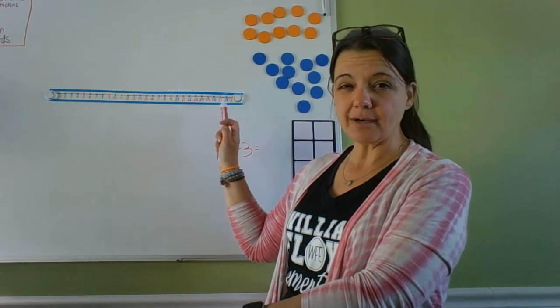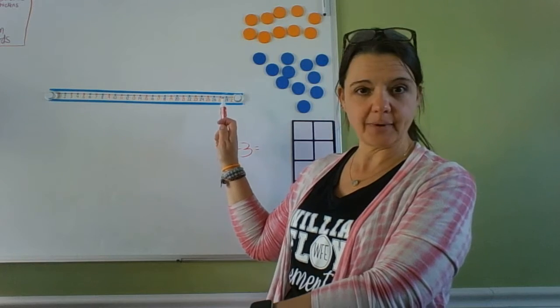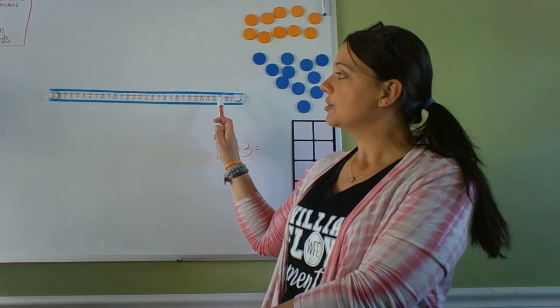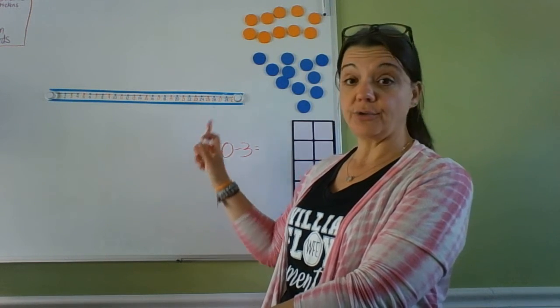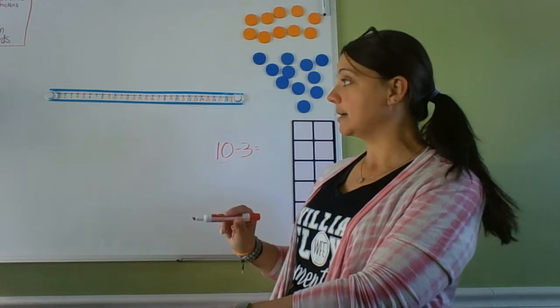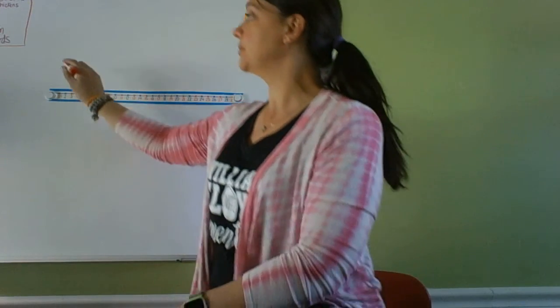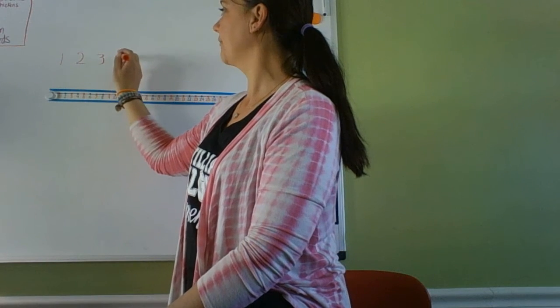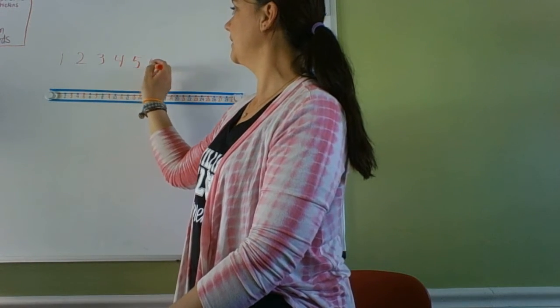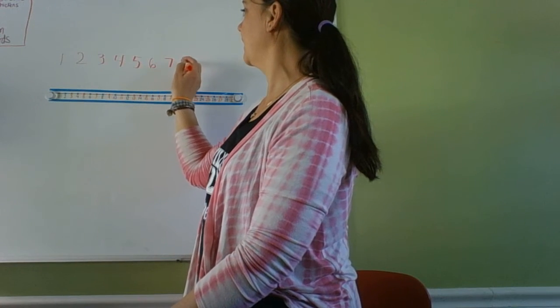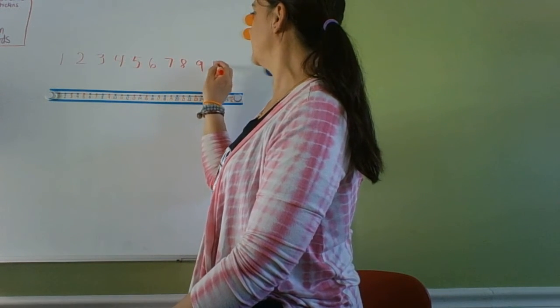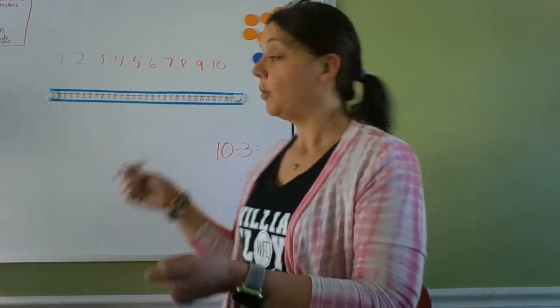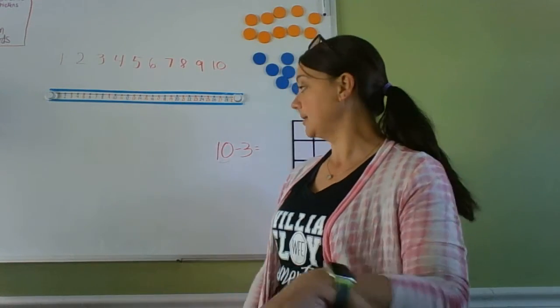The numbers on this number line are kind of small, but this is what I had at home with me. So if you wanted to, you could draw your own number line. If the highest number is 10, you could write your own number line: 1, 2, 3, 4, 5, 6, 7, 8, 9, 10. You could do it that way, or you could use the number line I sent you.